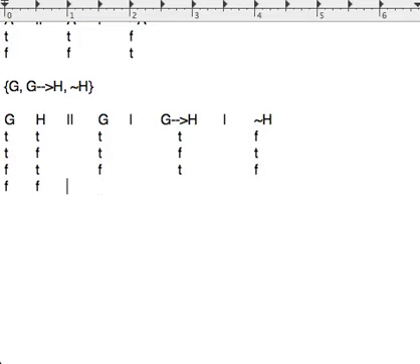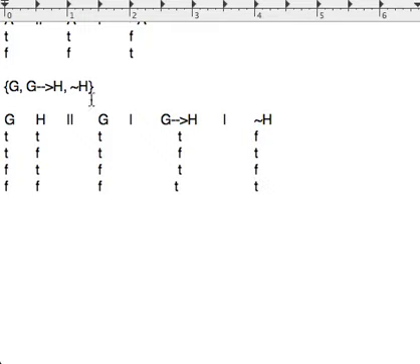Okay, so we need to at least find one truth value assignment where all these sentences can be true at the same time, and so far we haven't met this. So this is our last chance, the last place where each of them could be true. For this truth value assignment, G is taken to be false, then the material conditional turns out to be true here, and not H turns out to be true here.